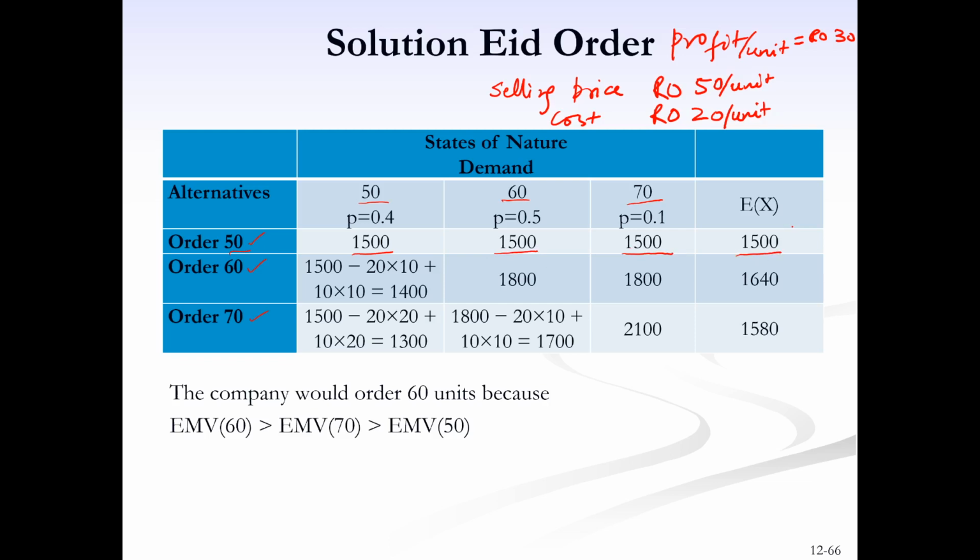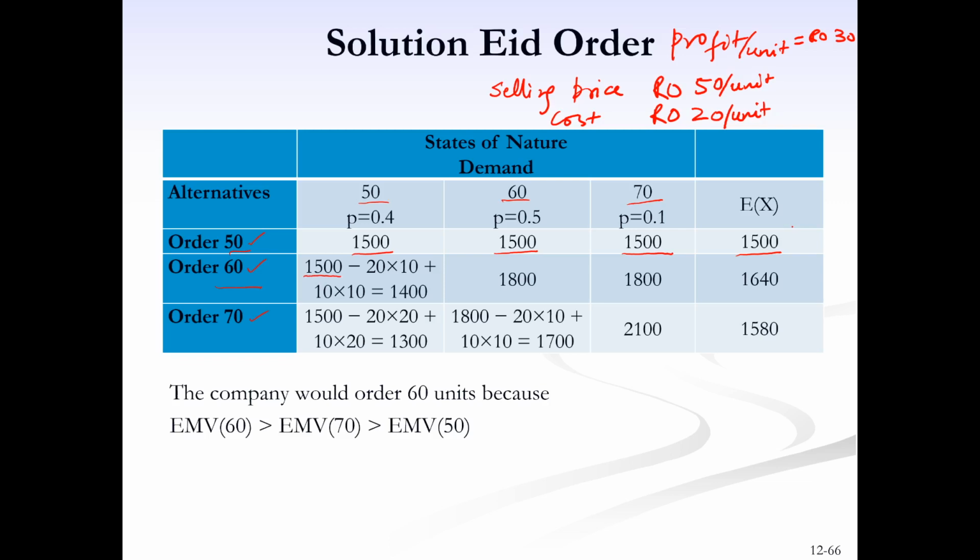Let's look at the second case, alternative 60. We made 60 dresses, and if the demand is 50, then we will only be selling 50 units, then the payoff will be 1500. But 10 units are unsold.